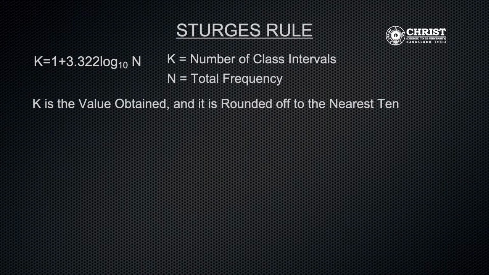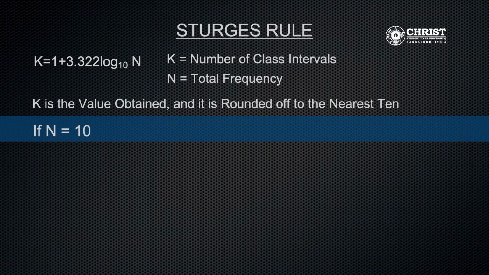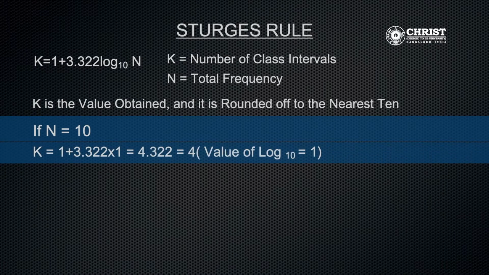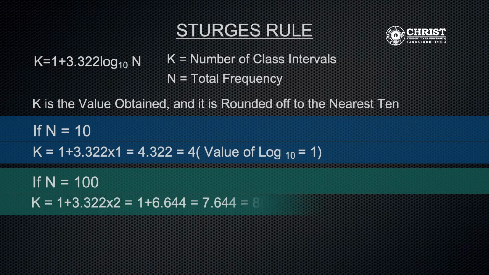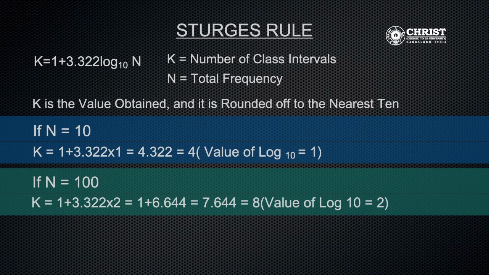I am going to establish that between 4 to 20 is a good number. If n is 10, imagine the number of observations is 10, K = 1 + 3.322 × 1 = 4.322, which we round off to 4. Log10 of 10 is 1. If n is 100, K = 1 + 3.322 × 2, because log10 of 100 is 2.